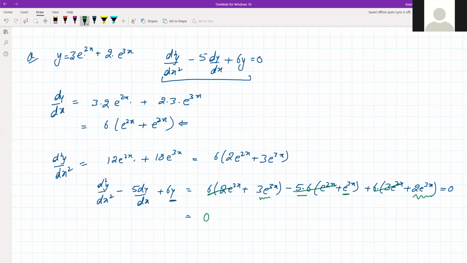So all good, it is 0 as desired in the question. This is 0 and we have proved that.